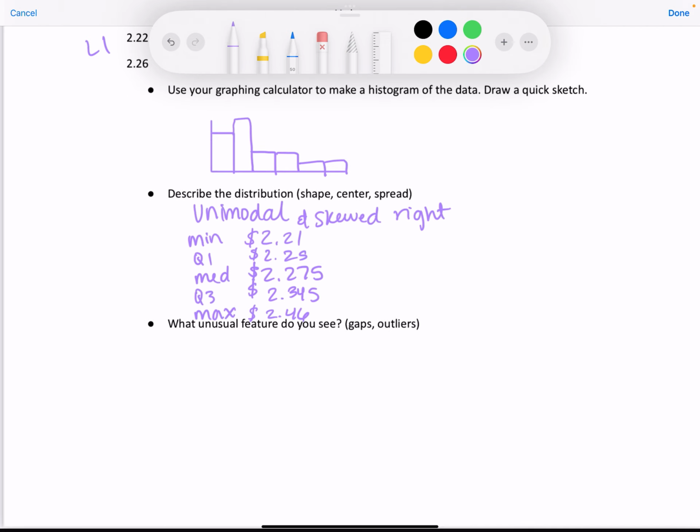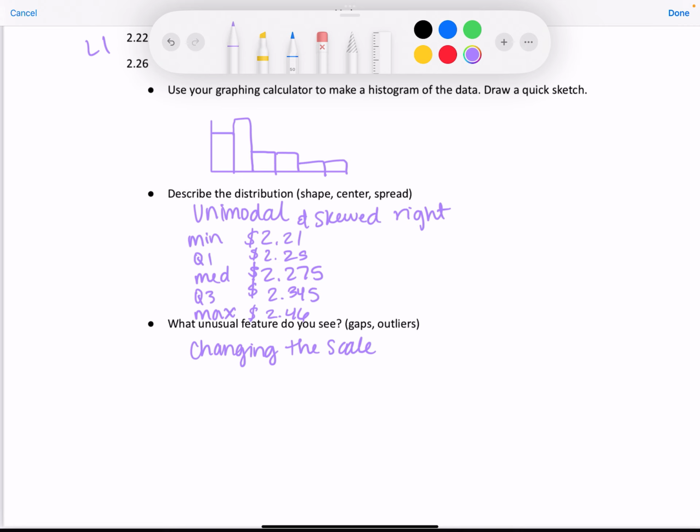All right, what unusual feature do you see in your histogram? None. Well, do we have to zoom out to see something? Yes, we're going to change the scale. So you're going to hit window, and you're going to change the X scale to 0.03.